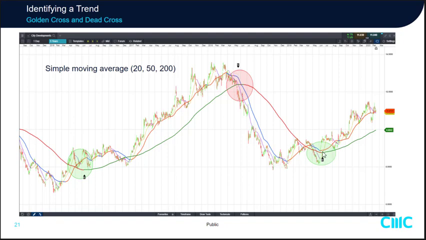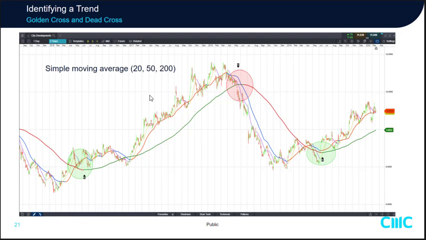Recently, there's another golden cross formed here. Again, the 20-day crosses above the 50-day and the 50-day crosses above the 200-day, and then the 200-day starts to slope upwards. I actually mentioned this to our clients when the golden cross was formed, and the share price has since moved more than 20% from that time.